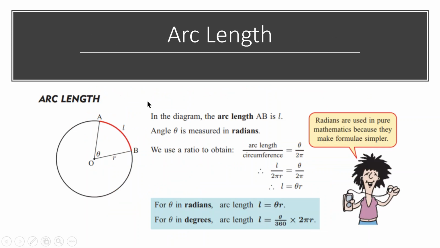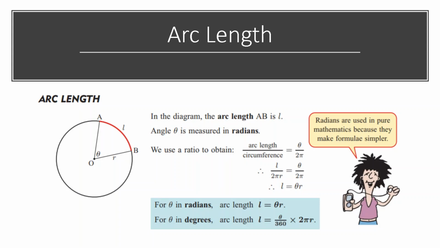So, arc length. In the diagram, the arc length AB is just L, and the angle theta is measured in radians. We use a ratio to obtain the arc length over the circumference, which is equal to theta over 2 pi. Substituting the left side, we get L over 2 pi r equals theta over 2 pi.